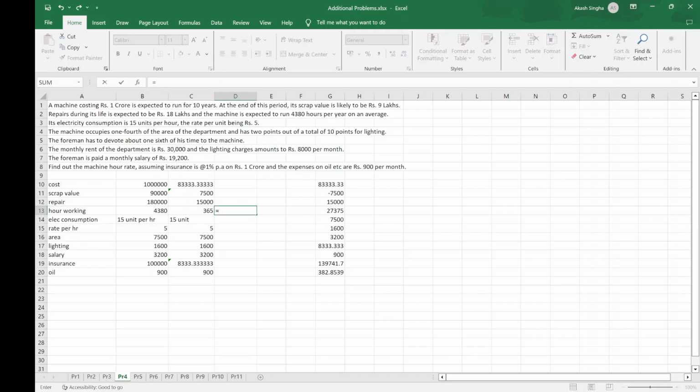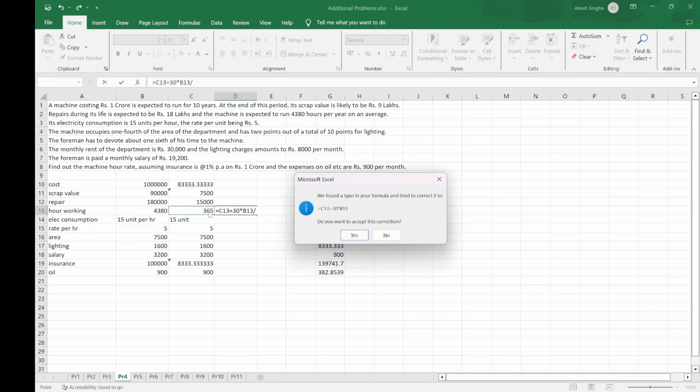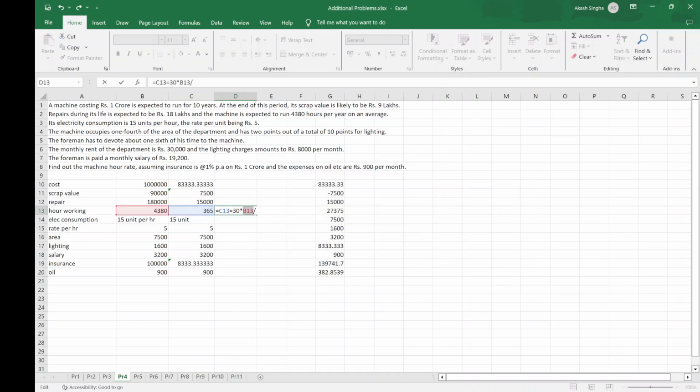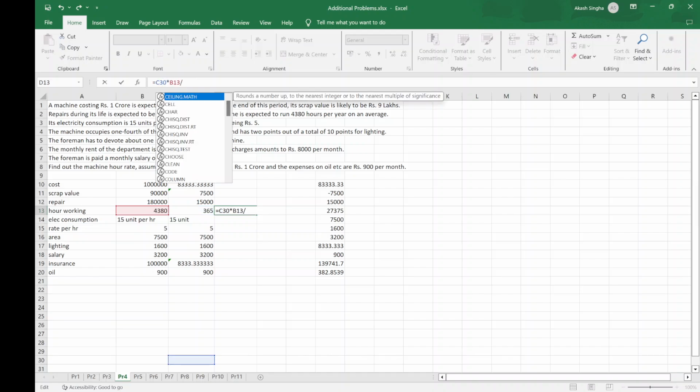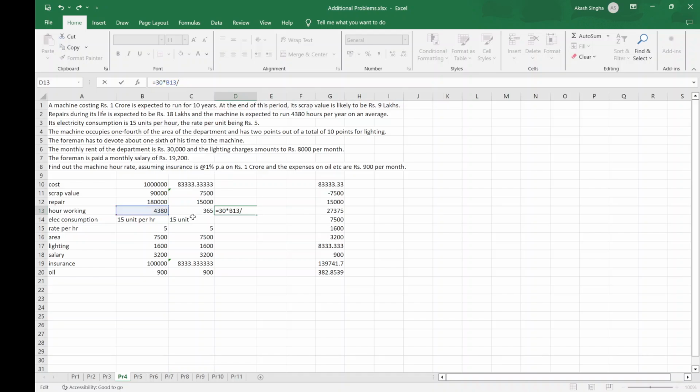So how much we will use it per month is 30 into 4308 by 365, about 360 hours per month, and it will cost us 360 into 15 units per hour into 5 rupees per unit.